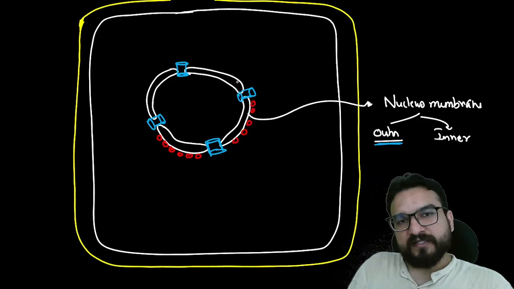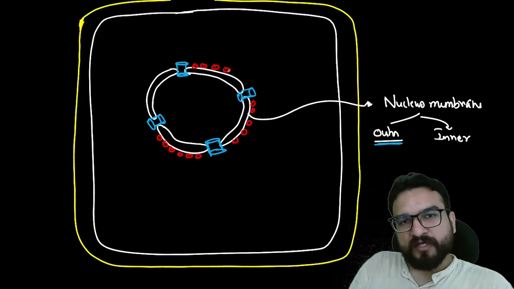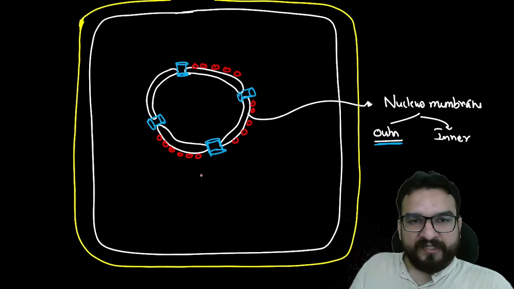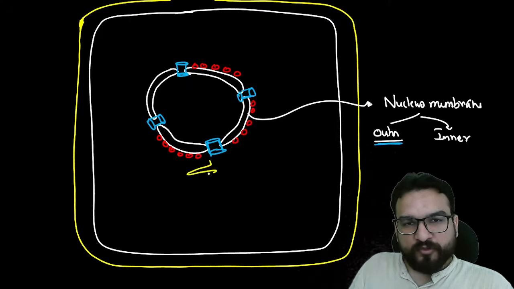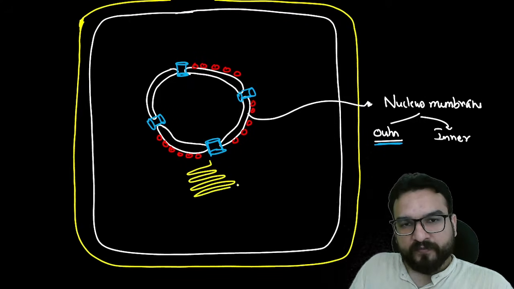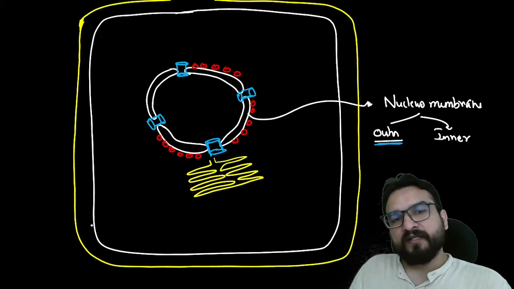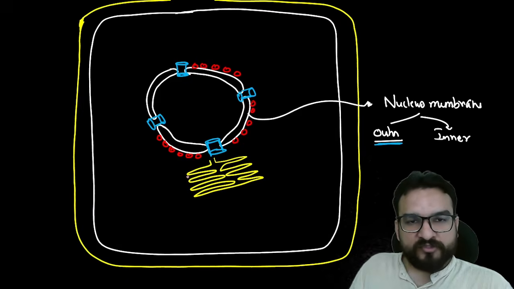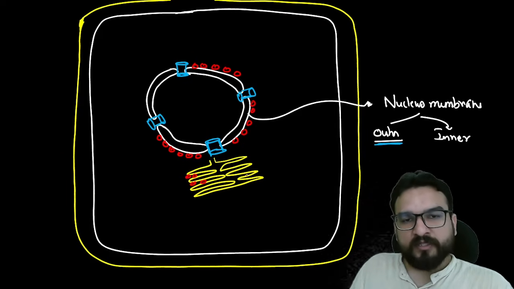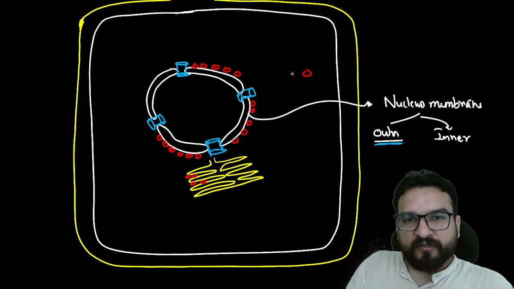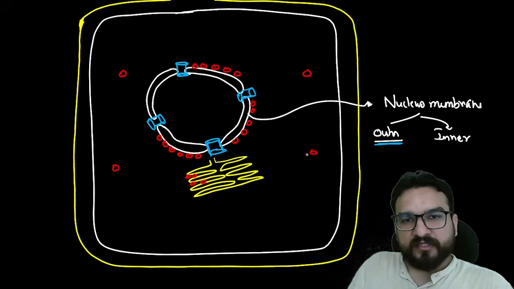The role of ribosomes, I have told you, either they will be attached to the nucleus membrane or to the endoplasmic reticulum. Some ribosomes will be attached to this endoplasmic reticulum, and some ribosomes will be freely available in the cytoplasm.